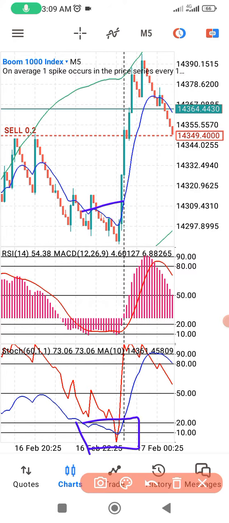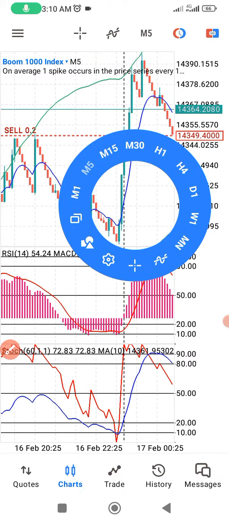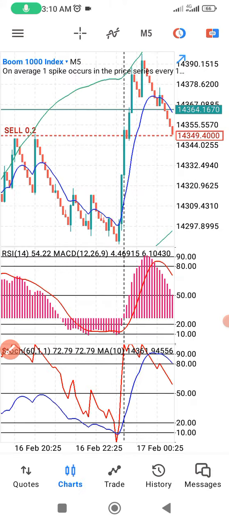These indicators are converging at this point. Histogram at this level, right? And then you want to see that this RSI number that is reading is actually at this level.